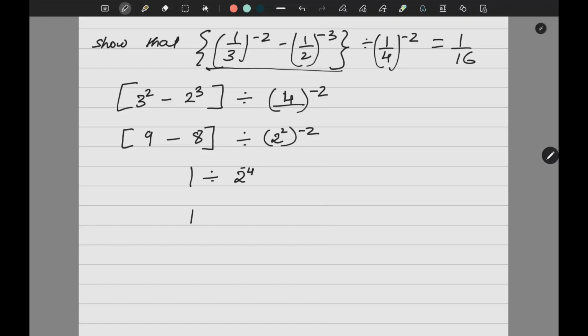So I'll have 1 divided by 1 upon 2 to the power 4. Correct? Because it is negative. Now next is 1 into 2 to the power 4. So I got 16, but that is not matching with my answer. So let us see where we have made a mistake.